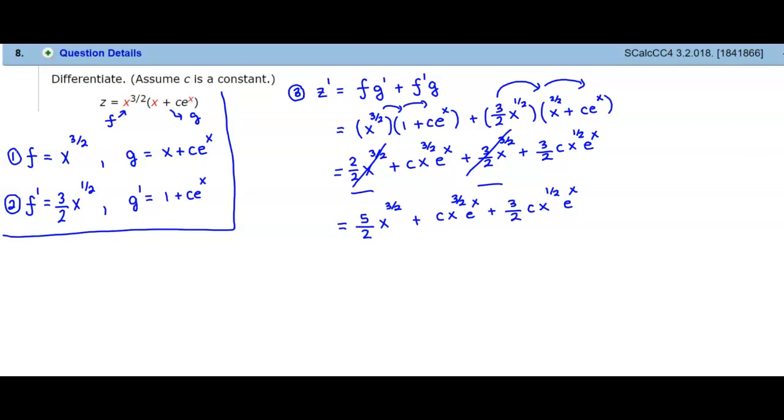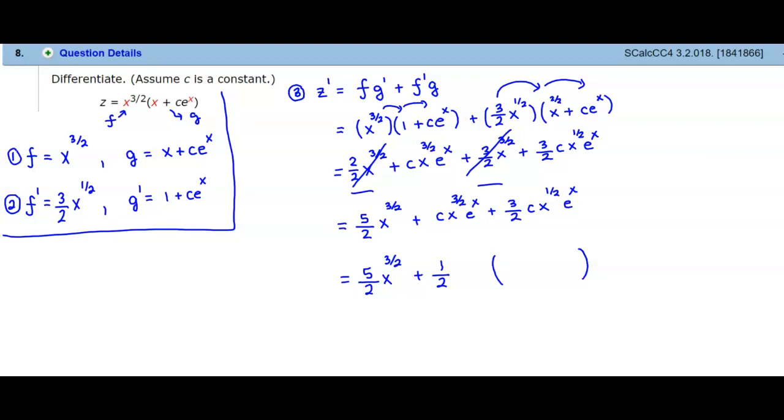So what we can do is factor out something in those last two terms. We're going to keep this first term by itself, plus, okay, if we can factor out a 1/2, then what's going to be left over here?